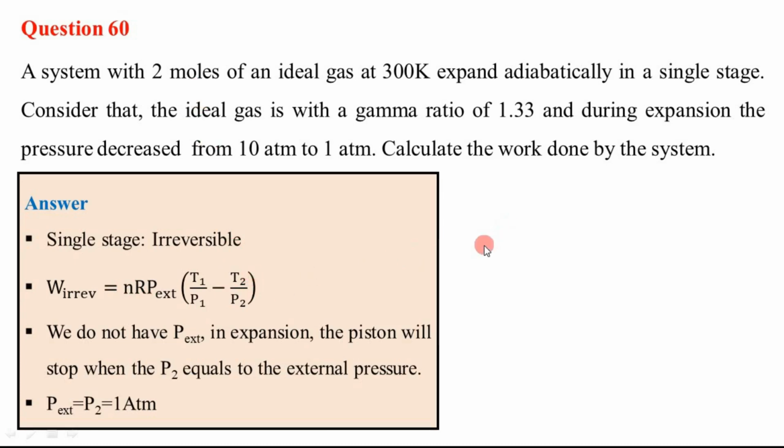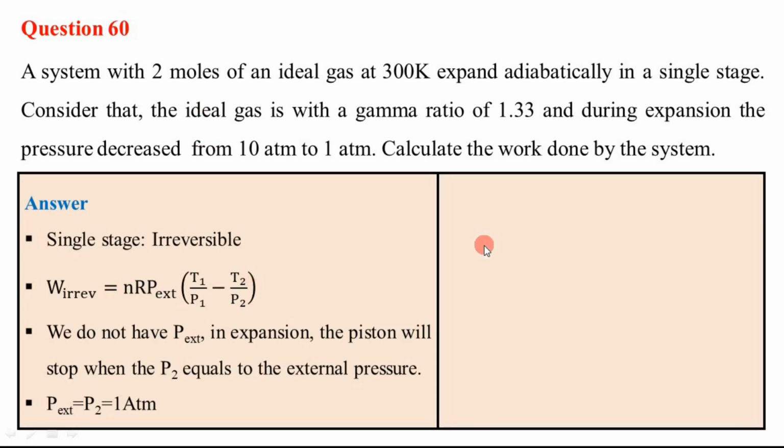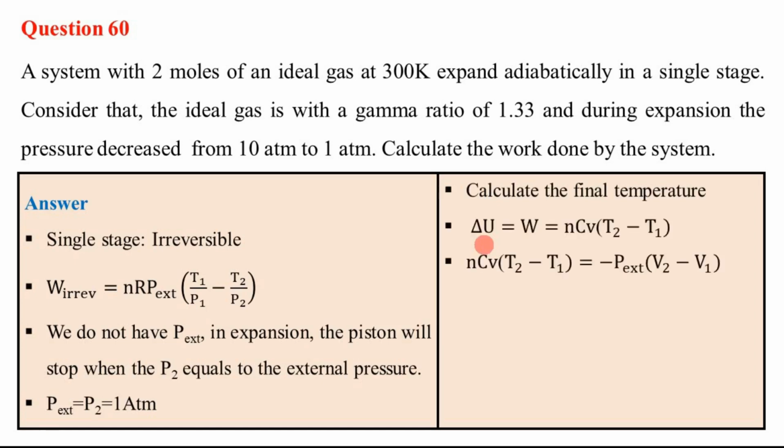What is the formula to calculate T2 for an irreversible process? In this case, you can use this n Cv (T2 minus T1). Now we have 2 moles of ideal gas, but we are using this formula again, T2 minus T1 over gamma minus 1, because we have the gamma ratio.